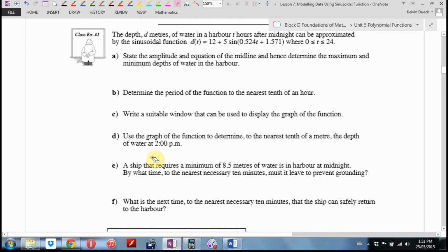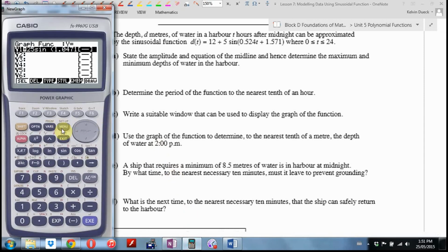Here, did they give me the equation or are they asking me to find the equation? Okay, so we're going to type this in. Can you go into your y equals menu, delete the graph you have here? Okay. 12 plus 5 sine bracket 0.524.